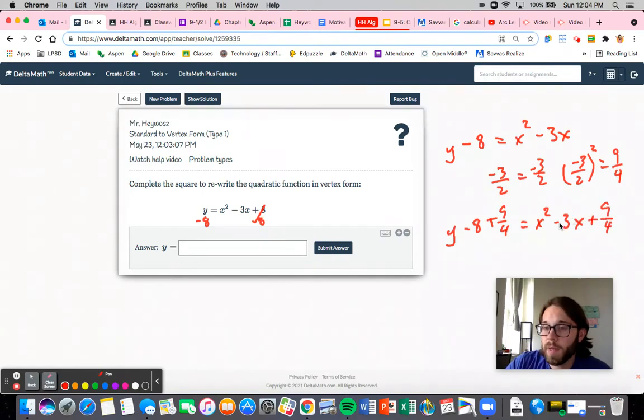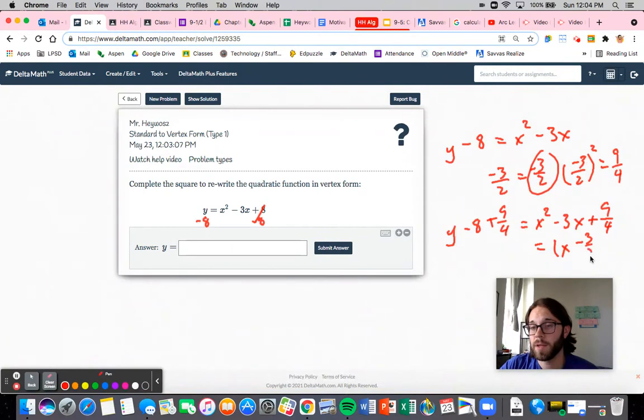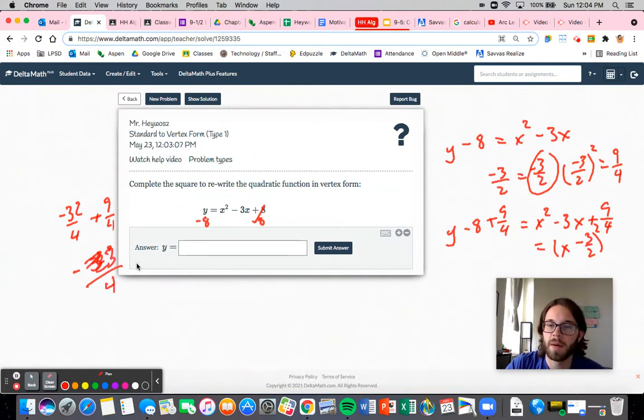Now, because we were completing the square, we know this side is just going to be x plus this squared. So this is x minus 3 over 2 squared. Now, dealing with this side, I have to put the 8 over 4, so that's going to be -32 over 4 plus 9 over 4, which appears to be -23 over 4.